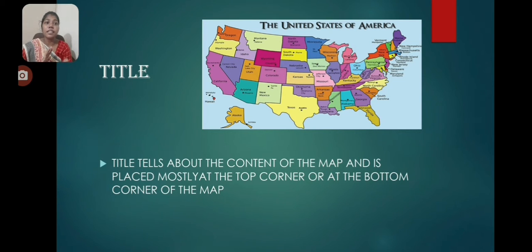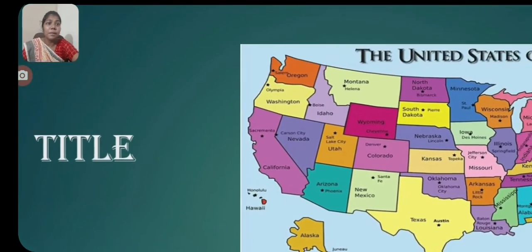Here the picture depicts the United States of America. So the title is United States of America. The map is all about the United States of America. We could see the places.